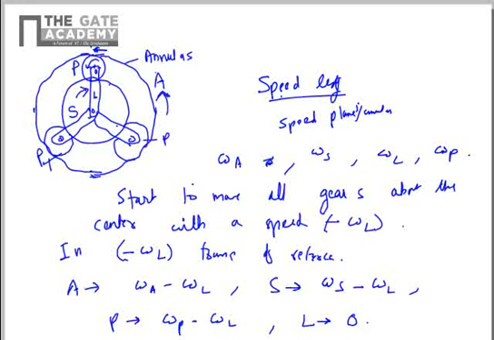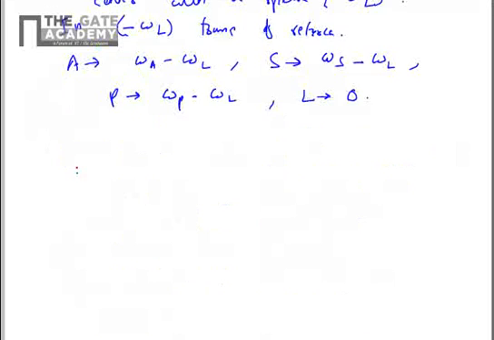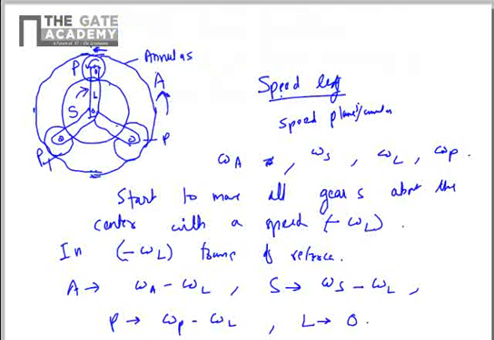So this will come as a case where the leg is fixed. If the leg is fixed, it is pretty much straightforward to determine the velocity ratio that you saw earlier.